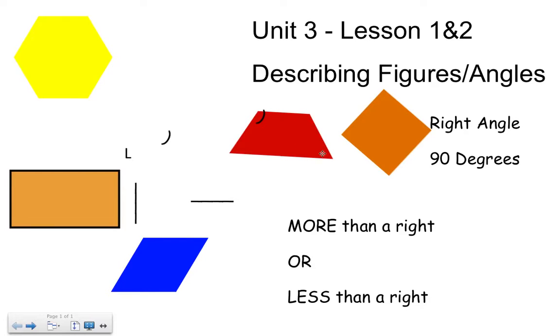This one here and this one here are less than 90, or less than a right angle. So this is the terminology we will be looking at in lessons 1 and 2. Right angles, more or less than a right angle.